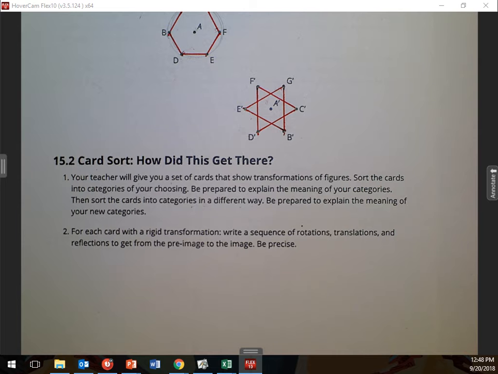So, what's your group? Let me see your group. How do you put these together? You see these two?